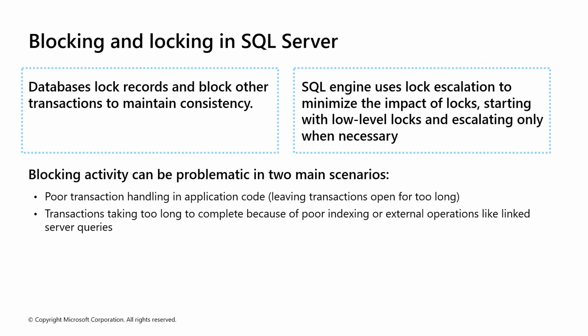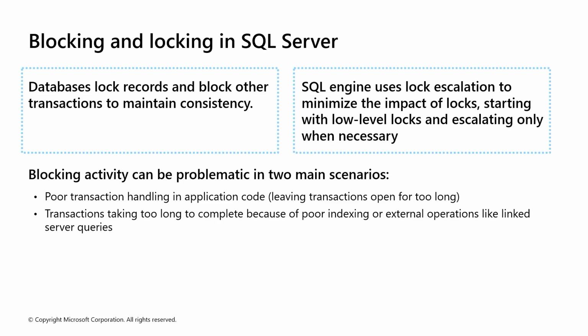SQL Server uses locking mechanisms to preserve the atomicity, consistency, isolation, and durability properties of the ACID model. Locking is a normal and essential behavior in relational databases, ensuring that concurrent transactions do not violate data integrity.